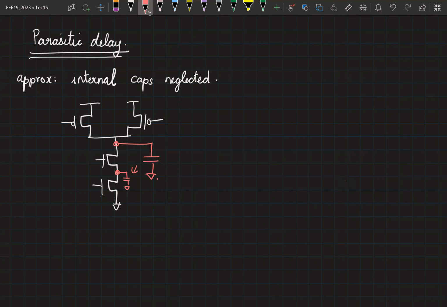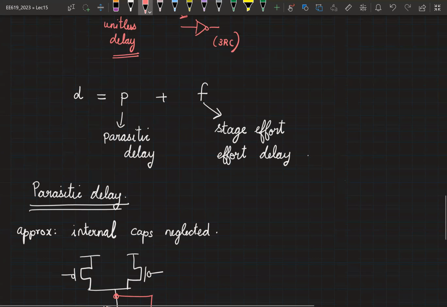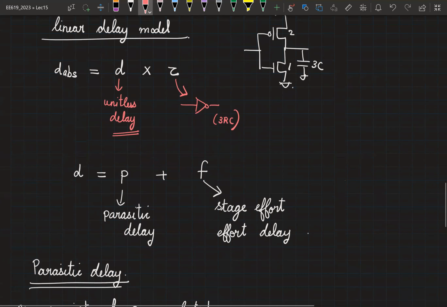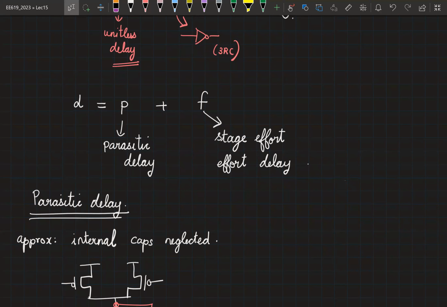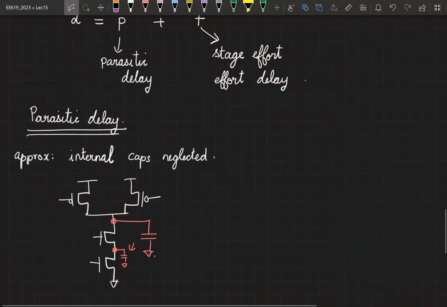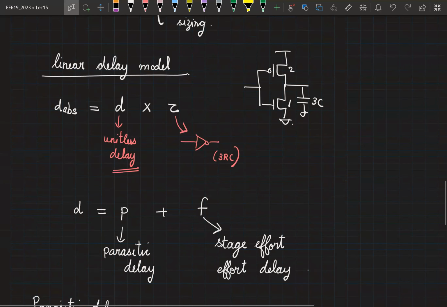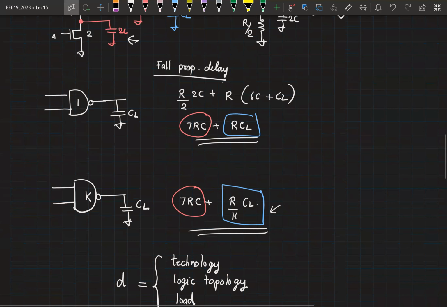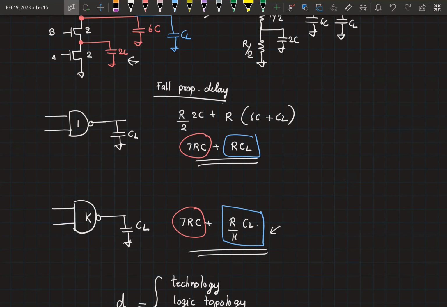Now the third part is, does the delay change with gate sizing if I include the internal capacitance? From this example, did your delay due to the internal capacitance change with gate sizing? No. So for most of the algorithms where you are trying to optimize what gate size to use, this is a constant factor.